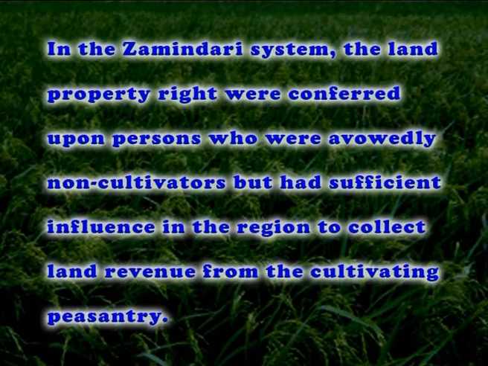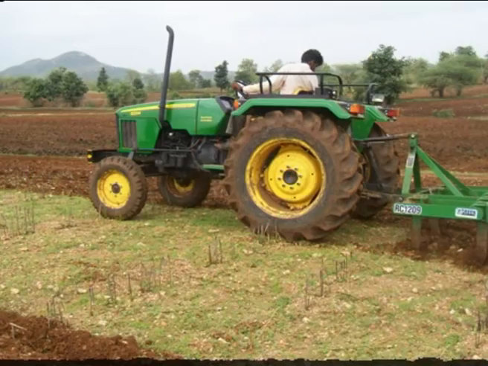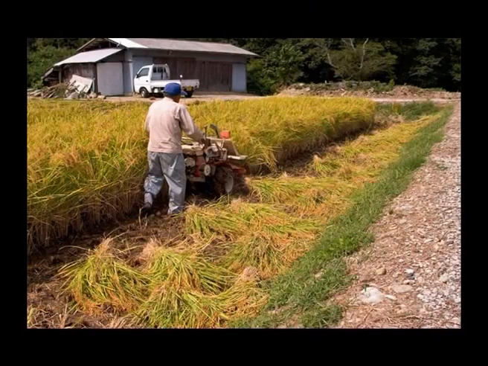In the zamindari system, the land property rights were conferred upon persons who were mostly non-cultivators but had sufficient influence in the region to collect land revenue from the cultivating peasantry. This was necessary at a time when the foreign government was not firmly established and direct control of land revenue and contact with the peasants was difficult. Owing to the zamindari tenure system, the real cultivators and tillers were exploited.